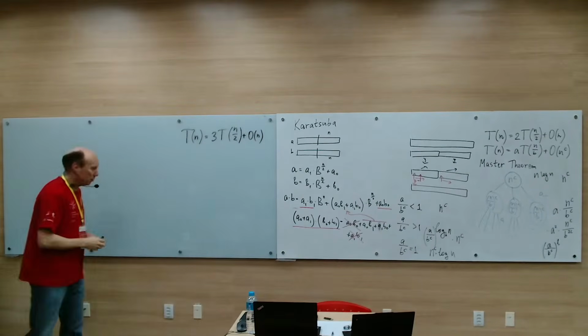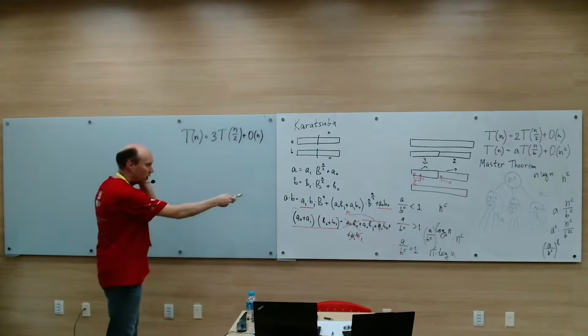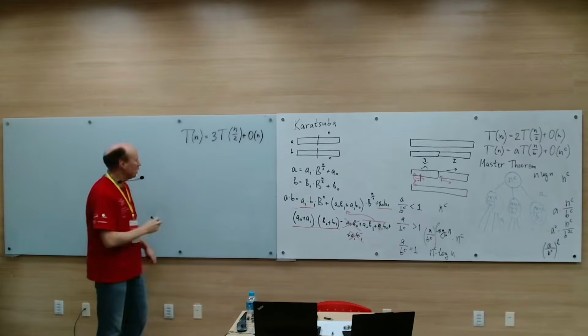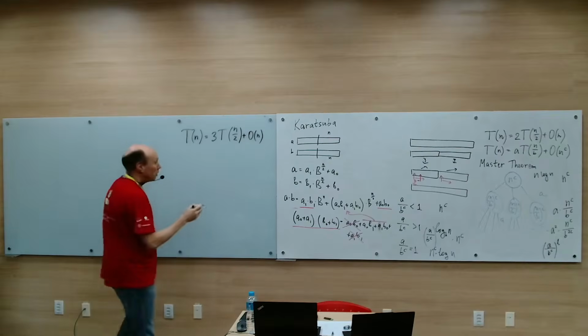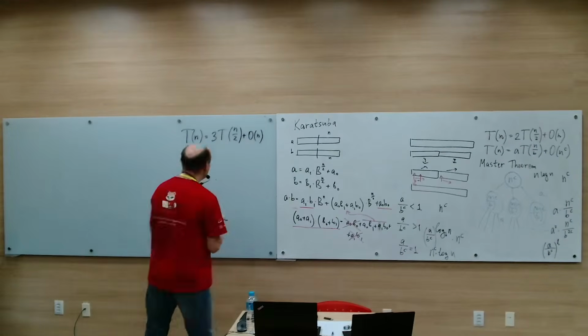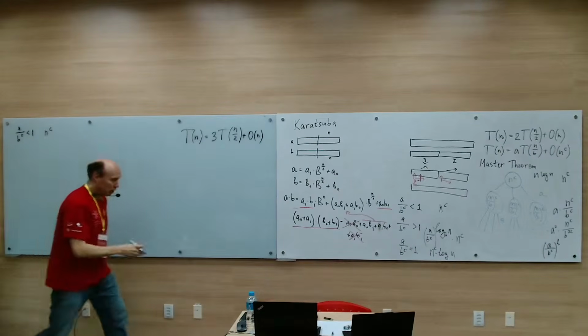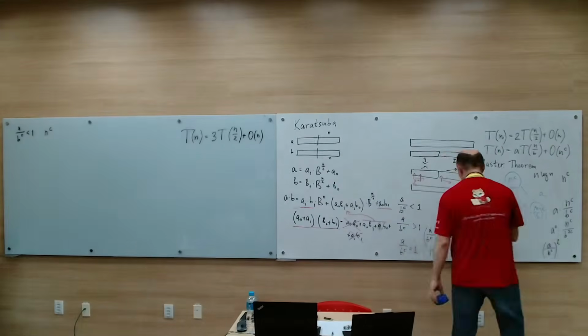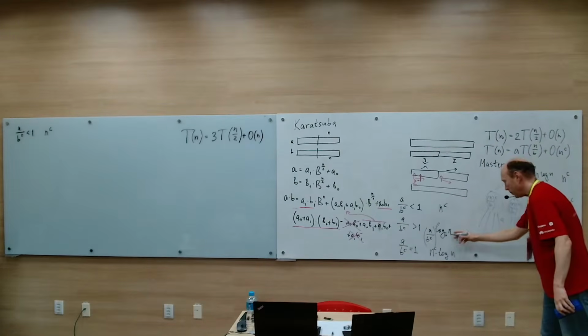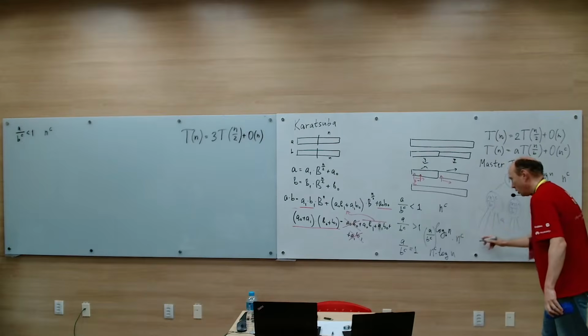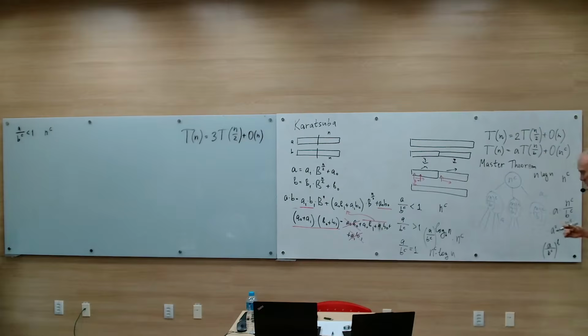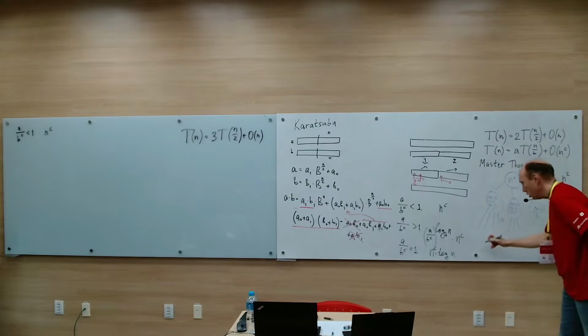And if we now apply our master theorem again, let's write it here. So A divided by B to the power C, less than 1. Let's simplify this actually.